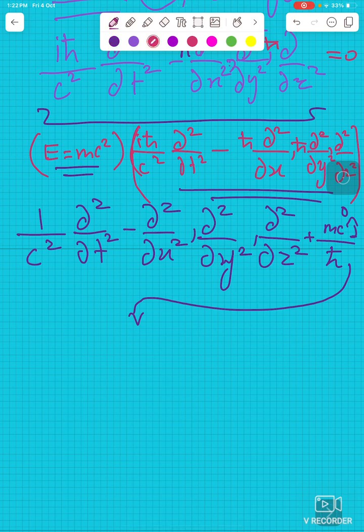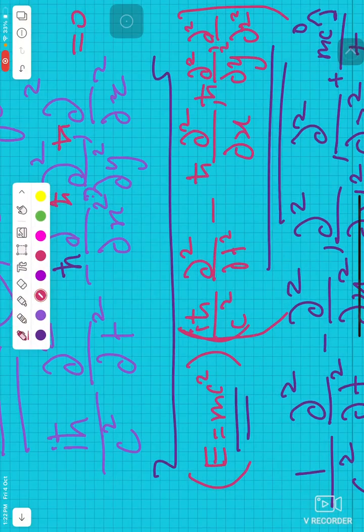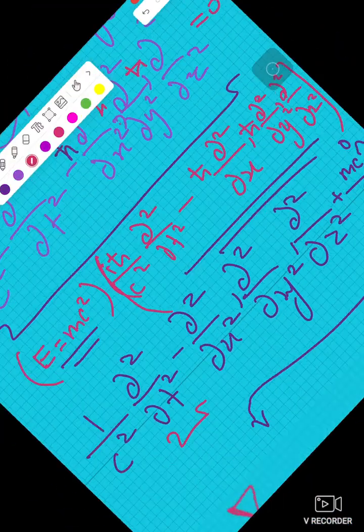Then let's simplify this to get this whole thing, no, not this whole thing, this thing can be written as 1 over c square of this. This is called Laplacian, or I just call it a gradient operator.